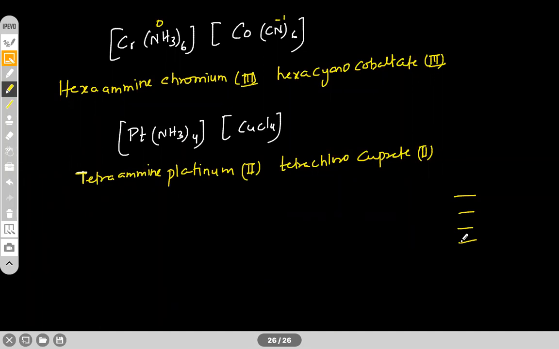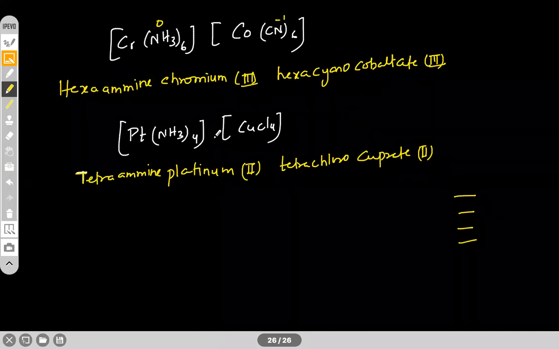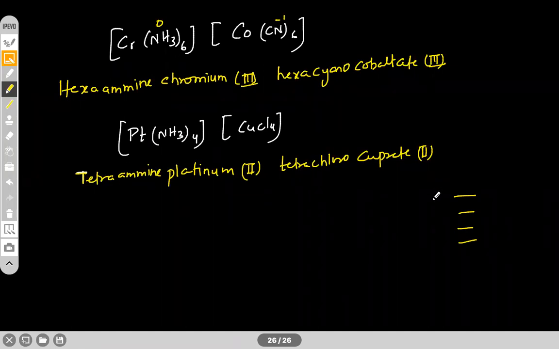According to that, you can eliminate the options easily. So for nomenclature questions, it's not a good idea to find out the name, write it down and then compare with the options. You can easily eliminate options there.